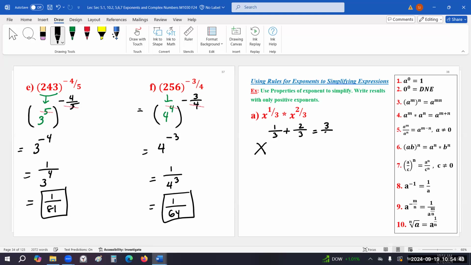Since we have same denominator, we keep the denominator, and we simply combine our numerators. What is 3/3? 1. So what is the answer? The final answer? Simply x. See, we multiplied two horrible looking fractions, but they turn into a simple x.